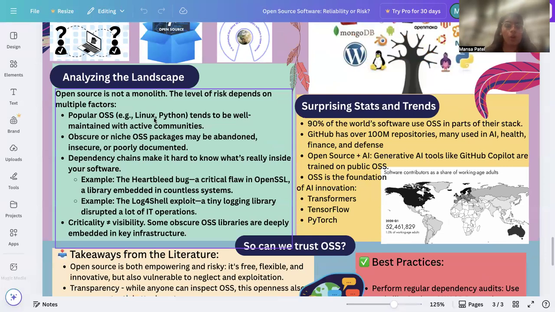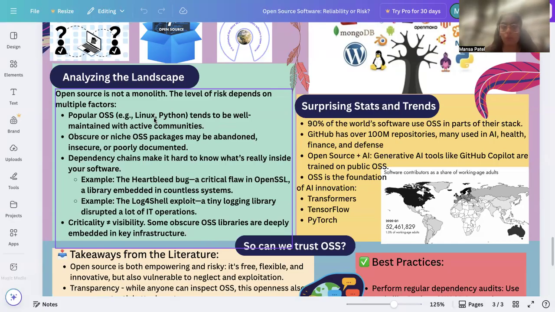What I got from the literature review and the course understanding in general is that open source can truly be a double-edged sword, where a lot of repositories which are popular and well maintained might not have any reliability issues, while some obscure repositories may be abandoned, insecure, or poorly documented.